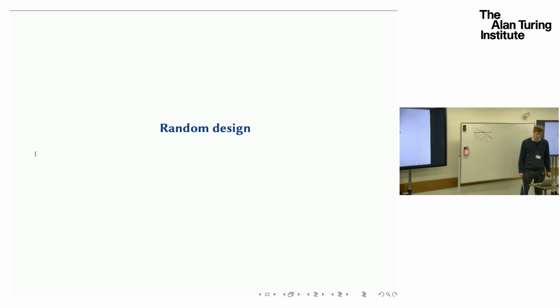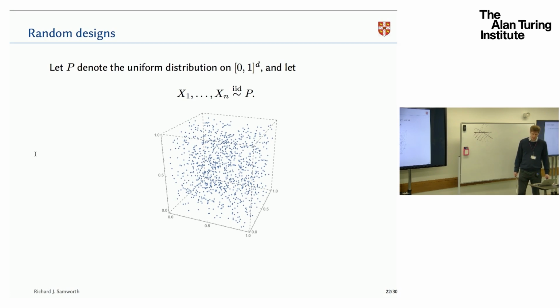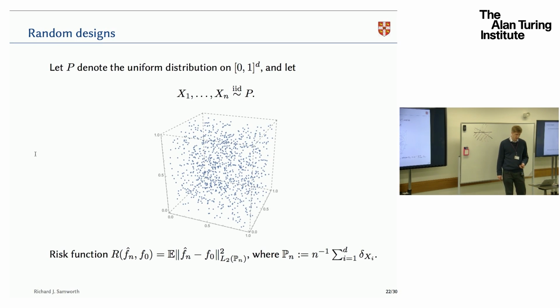Okay, so now let me say something about random design. I'm going to think about the case where my design distribution is uniform on [0,1]^d. I can weaken this assumption somewhat: if the design distribution has a density with respect to Lebesgue measure that's bounded below and above by positive constants, I could get very similar results, but let me focus for simplicity on the uniform distribution.